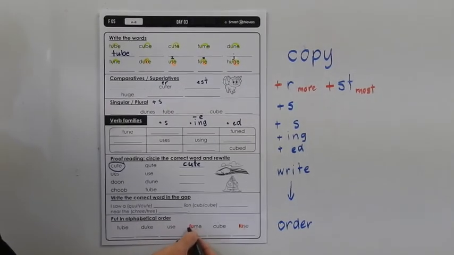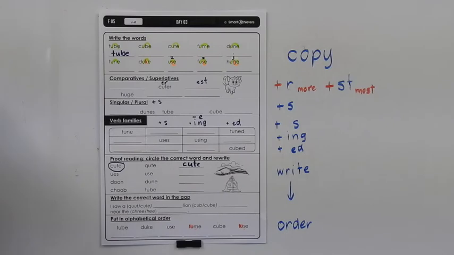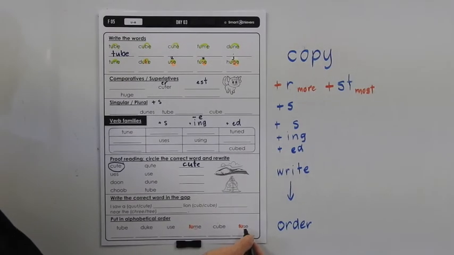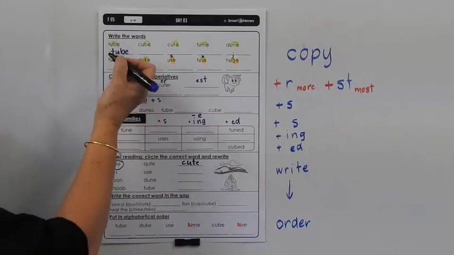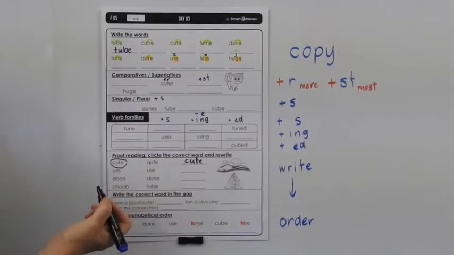So when the first letter is the same, we look to the second letter. If that's the same, then we have to look to the third letter. So in these two words, we have to look to the third letter. We've got an M and an S. So which one of those comes first in the alphabet? Fume would come before fuse. You can write out that whole set of words into alphabetical order. Don't forget to go back and highlight the special sound in all the words.